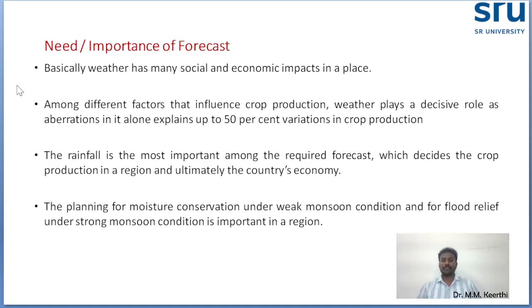Based on the rainfall, farmers can decide what type of crops to grow, when to sow the crop, and when to prepare the field. They can decide what type of variety, when to sow, and how to sow. Finally, he will get a good yield, which will improve our Indian economy through agriculture. It will be helpful for agriculture GDP also.